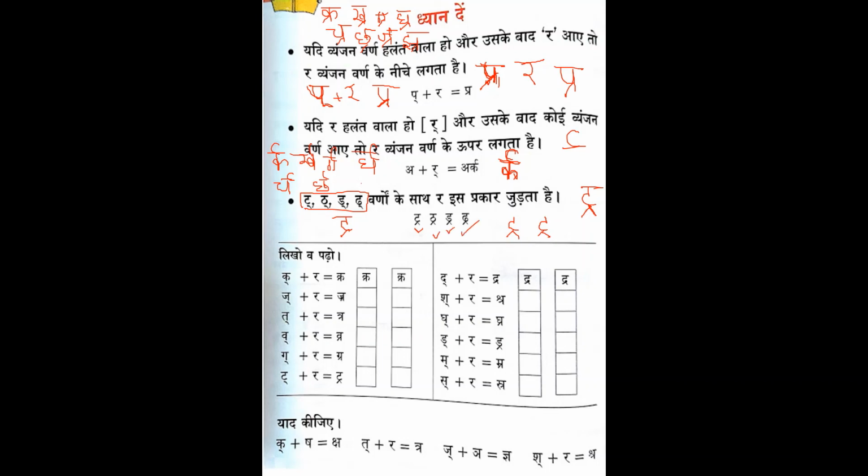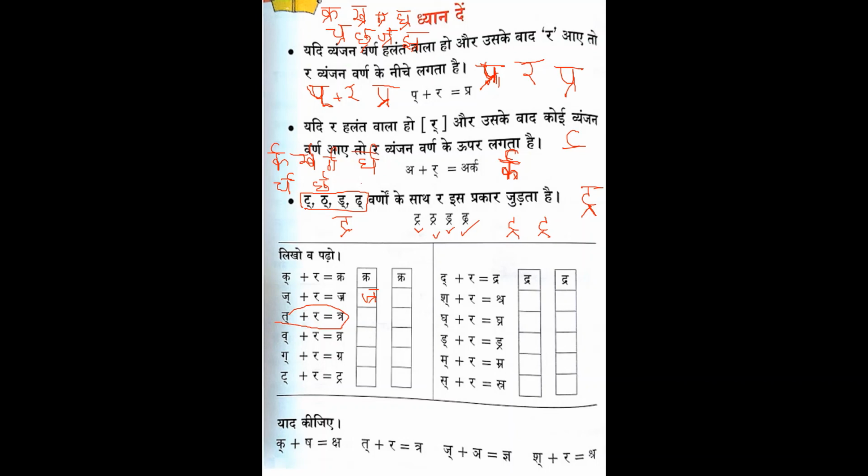So j plus ra, jra. T plus ra, tra. I told you, this is samyuktakshar. V plus ra, vra, gra, tra, dra, shra, mra, sra, like that.